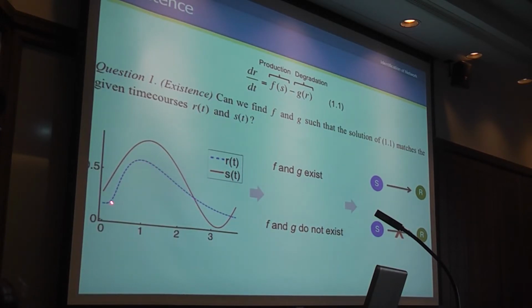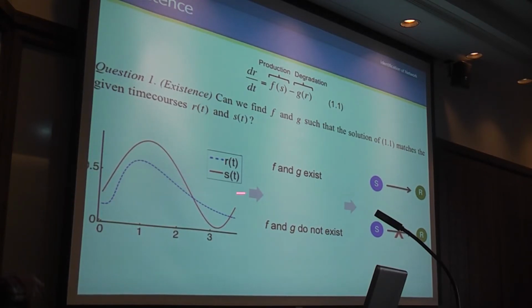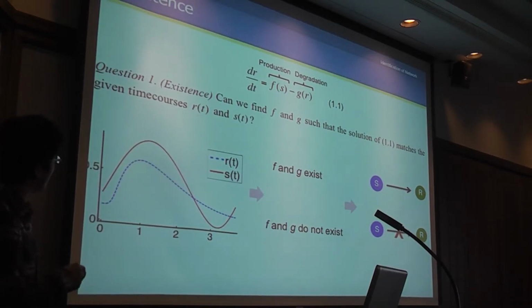we have two time courses, and these two time courses are a kind of solution of this model, right? So for the given two solutions, we can test whether any f and g exist so that this model can have them as a solution. So again, let's assume that two time courses are given.